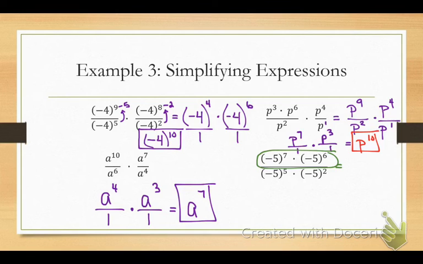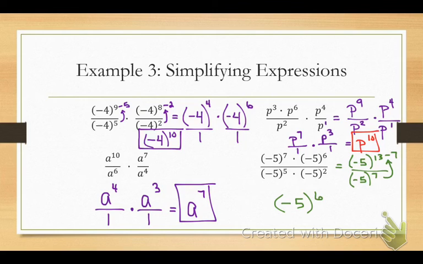I add them. So I get negative 5 to the power of 13 over negative 5 to the power of what? 7. Now I'm going to subtract my powers up into my numerator, and I get negative 5 to the power of 6.